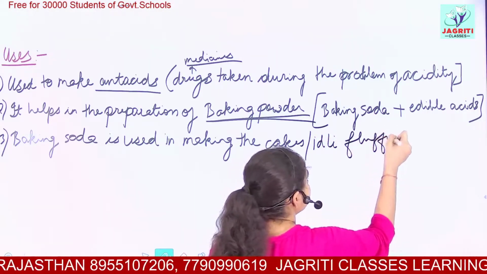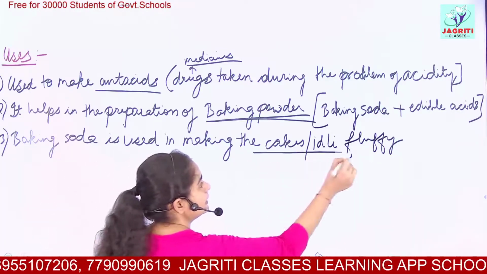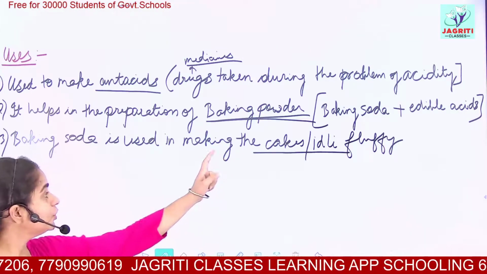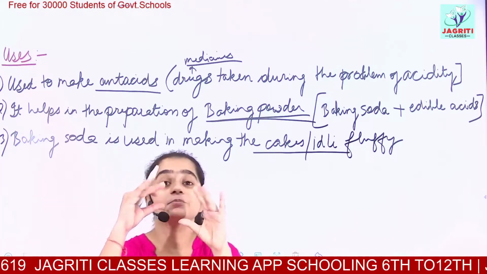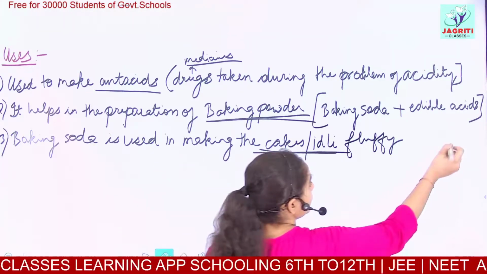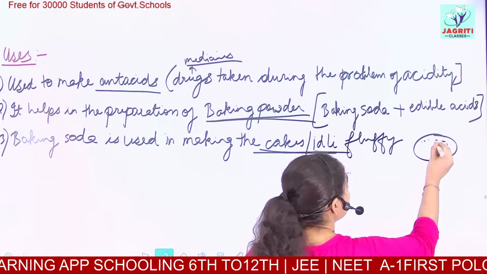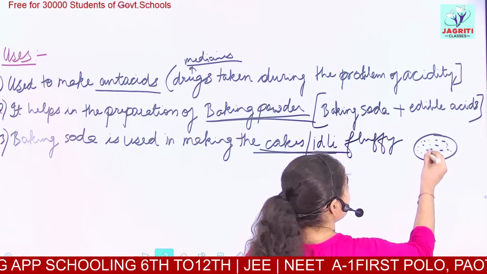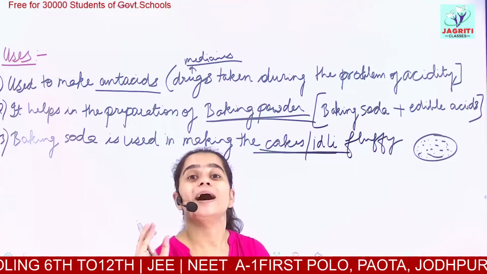It gives a fluffy texture or softness to our dishes. So this is the important use. Why does baking soda make them fluffy? Why do we get them soft? Have you ever observed in cakes and idlis, they are very soft and they contain very minute pores or holes. They have many holes on their surface, and why are these holes formed?